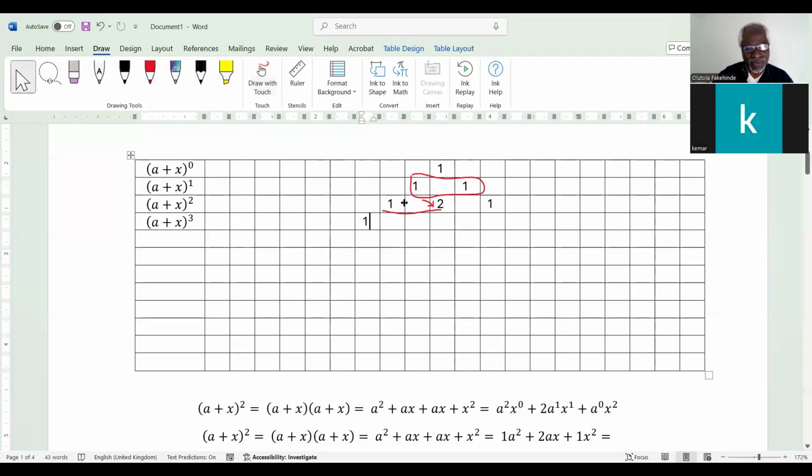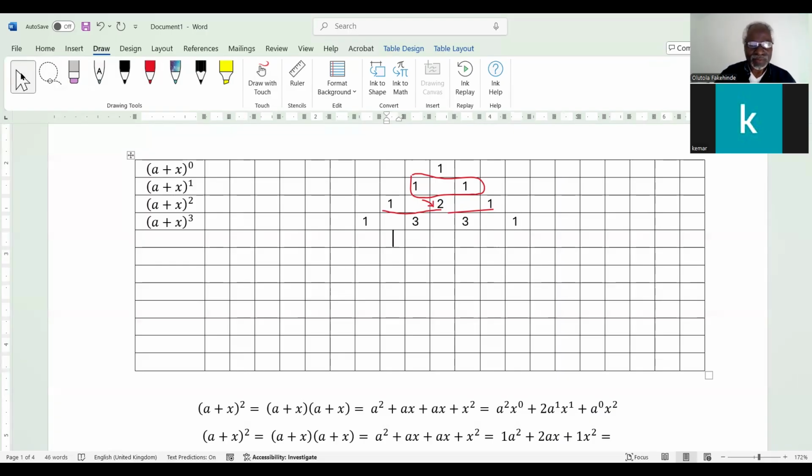Will give us 3. So we write the 3 there. And then again, we are going to add this 2 plus 1. These 2 plus 1 will also give us what? Will also give us 3. And then there's nothing to add again, so we have the 1. All right, so that's how we built the triangle.